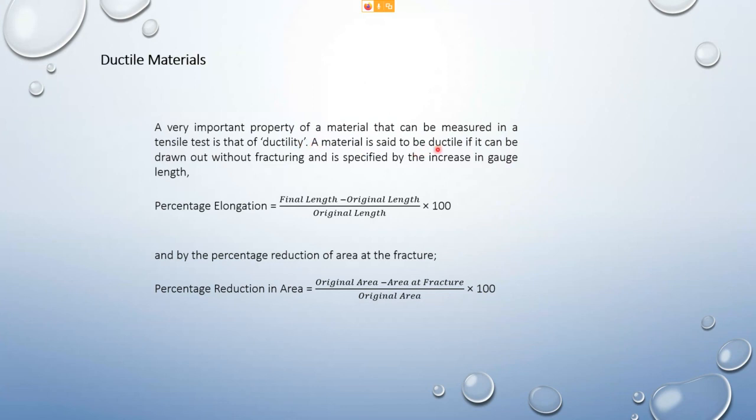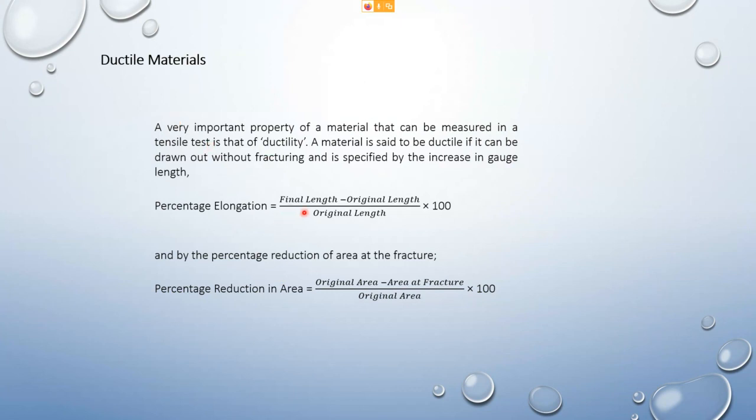A material is said to be ductile if it can be drawn out, that means stretched out, without fracturing, into wire form, and is specified by the increase in gauge length. So to measure ductility, one method is to measure the percentage elongation. The second method is by measuring the percentage reduction in area. These two methods are used to measure the ductility of the material.